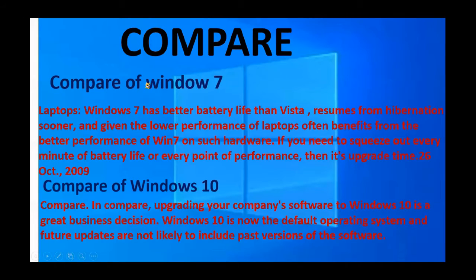Compare Windows 7 on laptops. Windows 7 has better battery life than on desktop. It resumes from hibernation sooner and, given the lower performance of laptops, often benefits from the better performance of Windows 7 on such hardware.